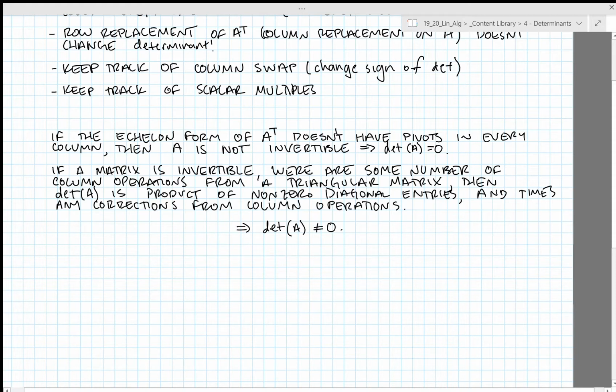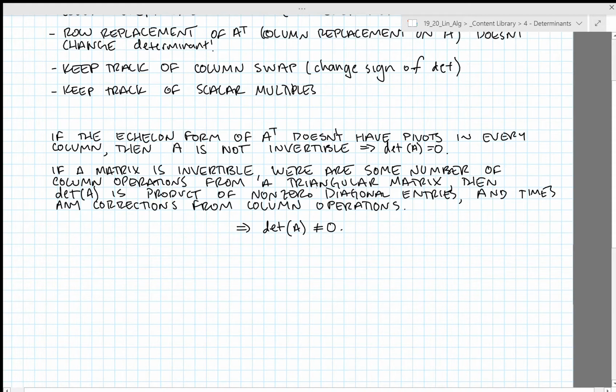This is really important because, from what I remember, this might be what you use determinants for in your previous experience in Algebra 2 or pre-calculus. But what we know is that if a matrix is not invertible, then the determinant is 0.